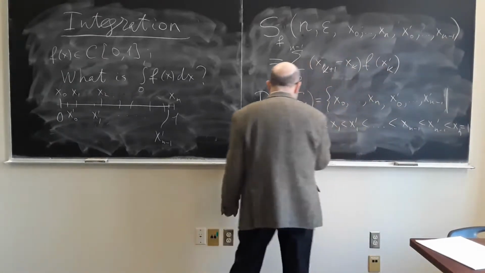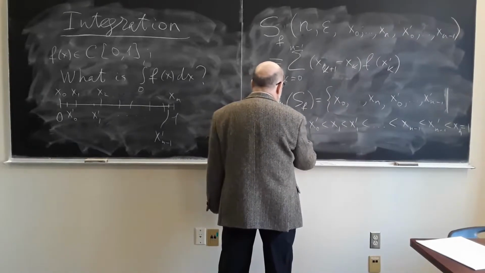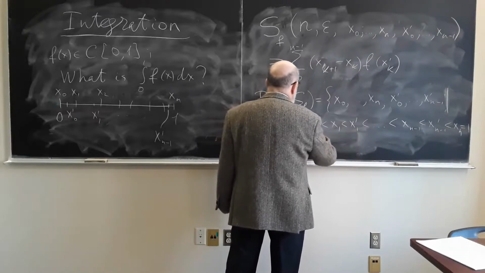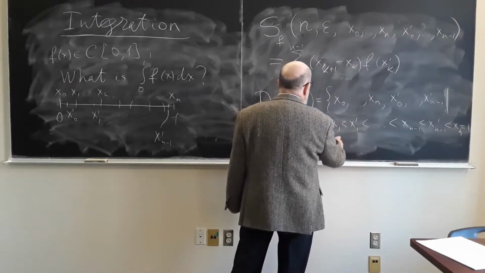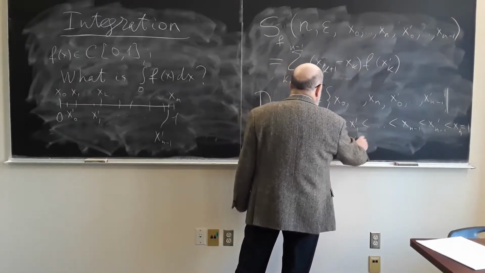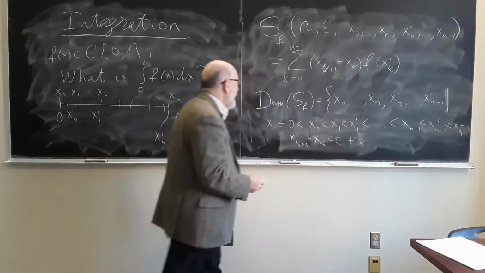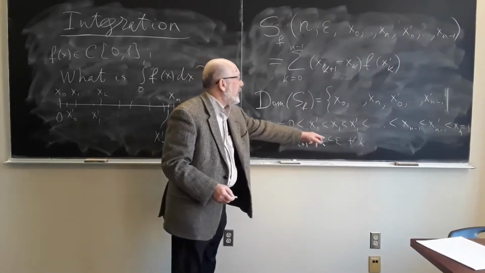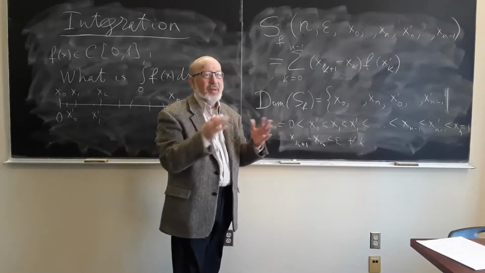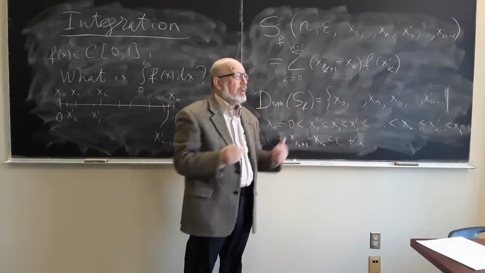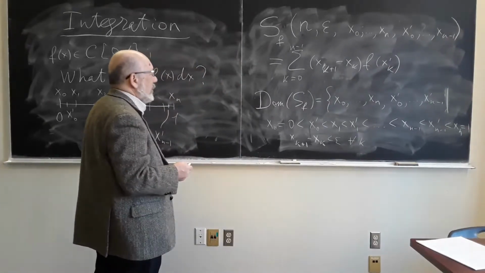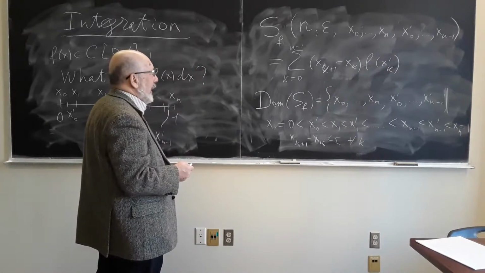And x(k+1) minus xk is less than epsilon for all k. So epsilon defines how close the points of the partition are to one another.